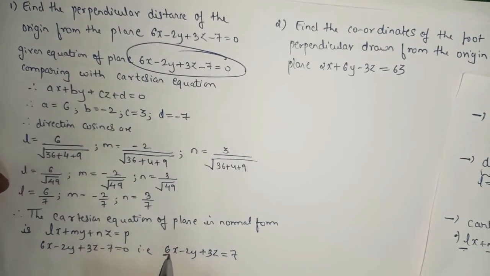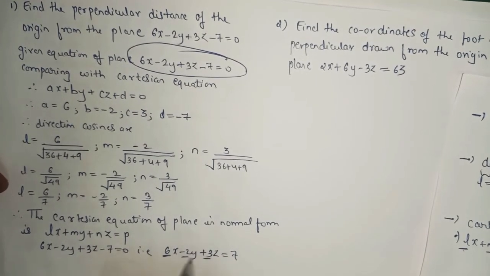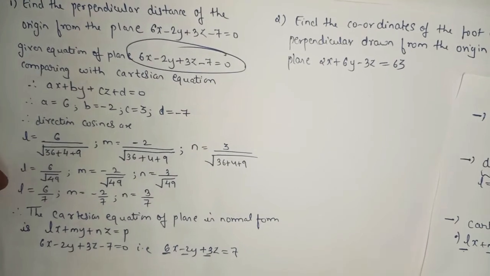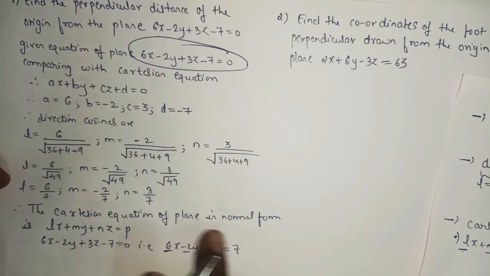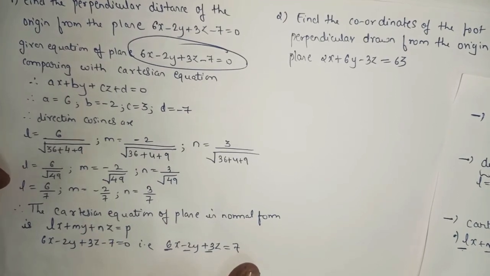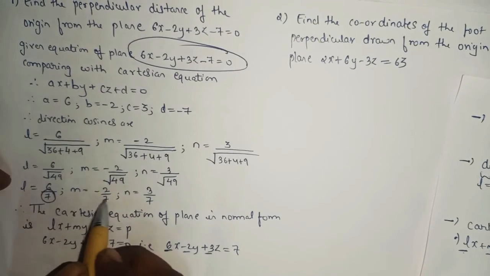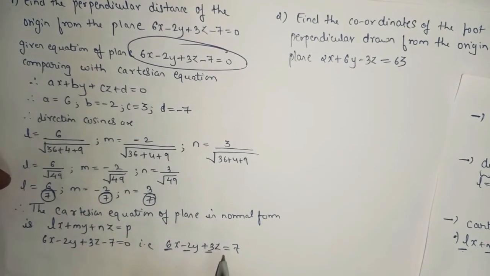So here 6, minus 2 and 3 are the direction ratios. To convert this direction ratio into direction cosine, you simply divide each number by 7.